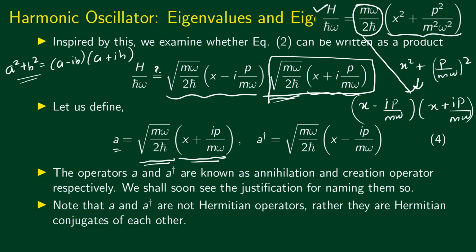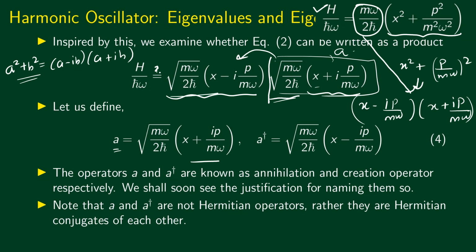So if you take a Hermitian conjugate of this expression, we actually get this first expression, because m omega divided by 2 h bar does not change when you take a Hermitian conjugate. x, p, m, omega, none of this changes. The only change is that i goes to minus i.